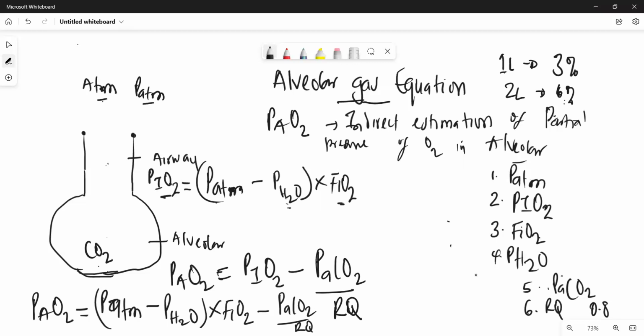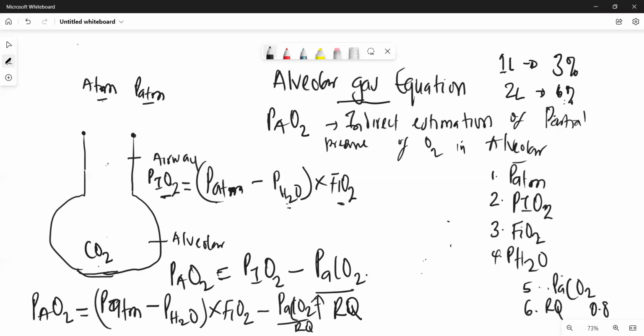If somebody has any condition whereby they are retaining a lot of carbon dioxide, like a patient who has COPD, a patient who is hypoventilating, or a patient who has any form of hypercapnic respiratory failure, because of the increase in the partial pressure of carbon dioxide, that could further decrease the amount of oxygen that gets into the alveolar.